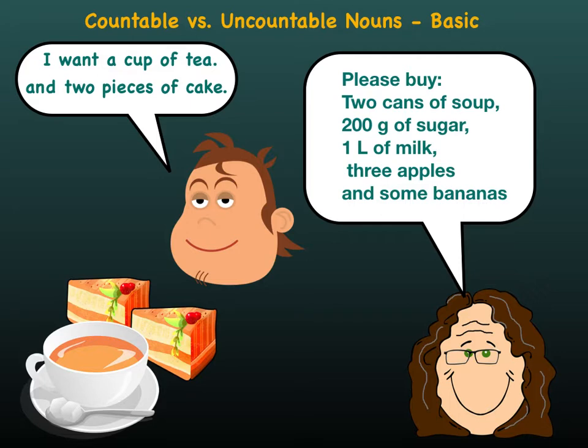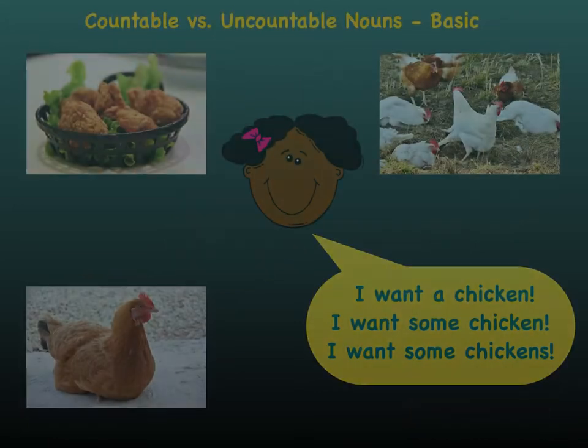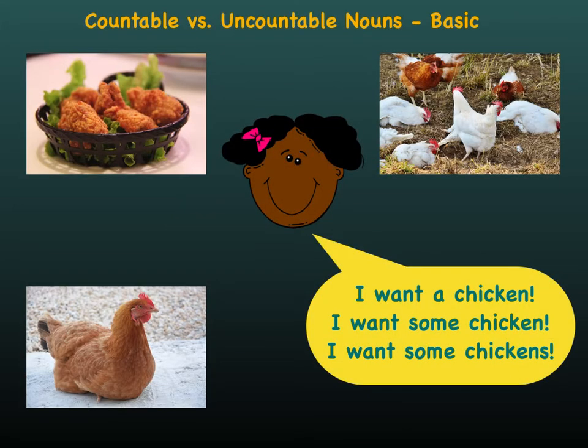The next slide will show the different meanings you can make with a small mistake. Now, if this girl is hungry, what should she say? I want a chicken, I want some chicken, or I want some chickens.